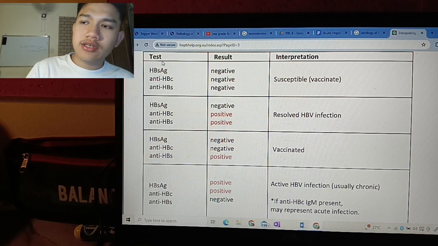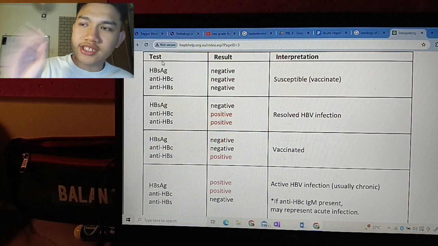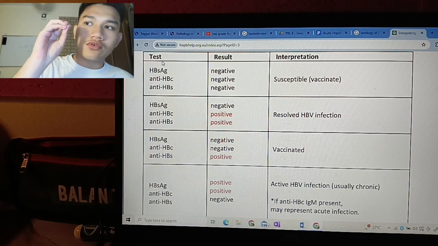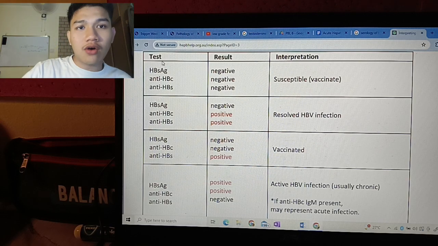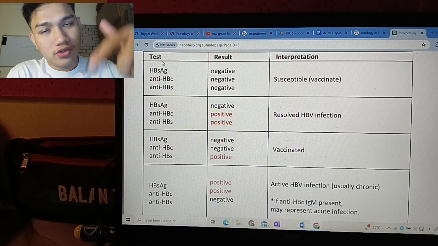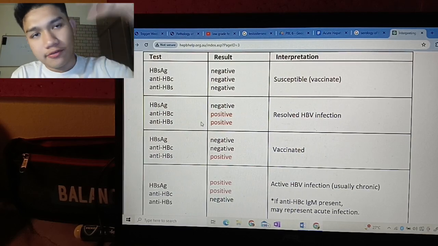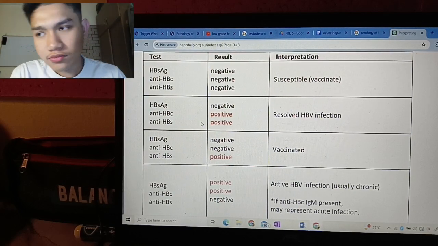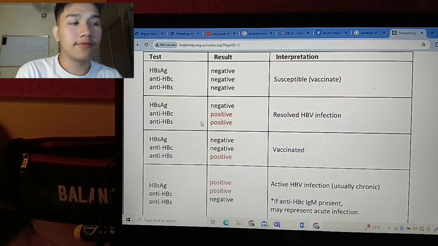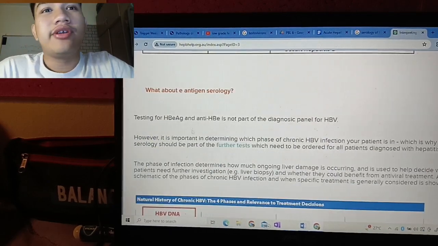Because HBc itu, in order for us to measure how contagious patient are. How far they can transmit the virus to other people. Okay. Itulah basically dia punya reason, this one.